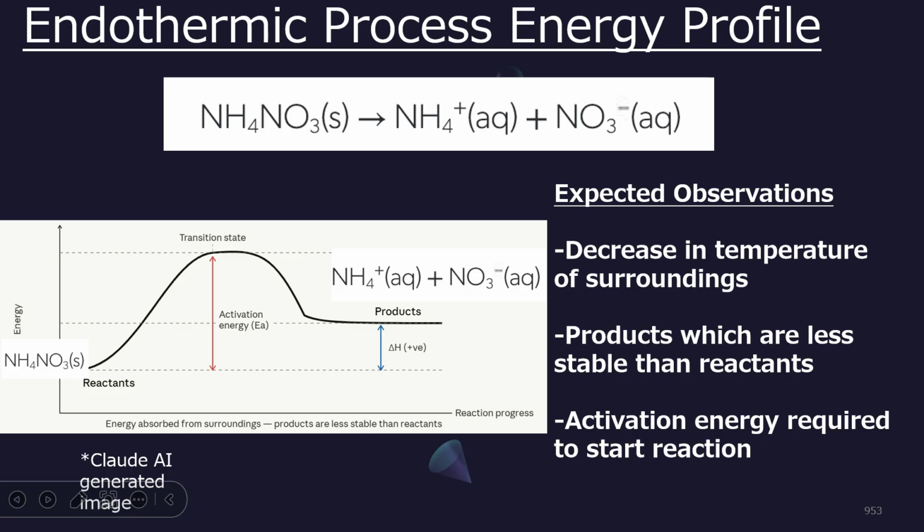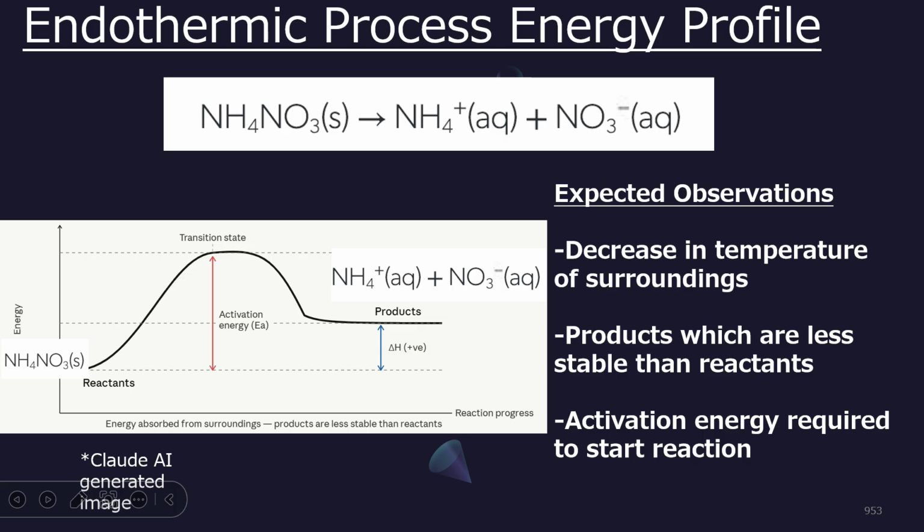So a real example of an endothermic one. This is also not even a chemical reaction. This is maybe just dissolving of ammonium nitrate, NH4NO3 solid, into water, NH4+ and NO3-. So we're just breaking apart this kind of salt into dissolved ions. But it requires energy from the surroundings to do this.